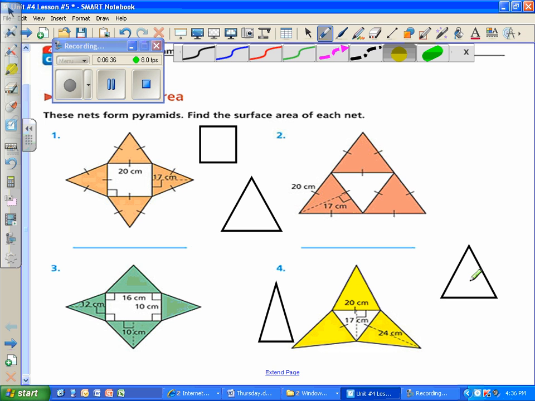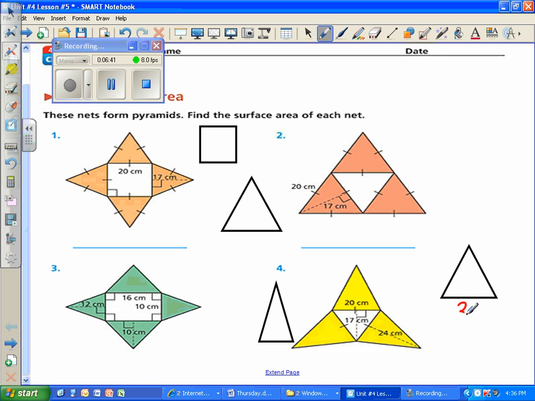Alright, so if this triangle here is going to represent my base, I have 20, and then my height is 17. Okay? This one, my base of these three sides is still going to be 20, but now it's saying my height is 24.